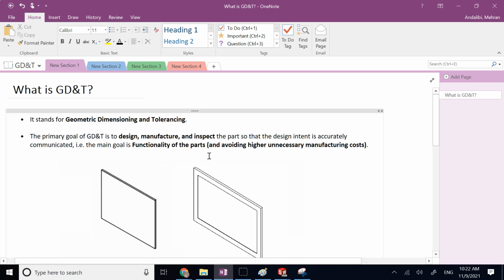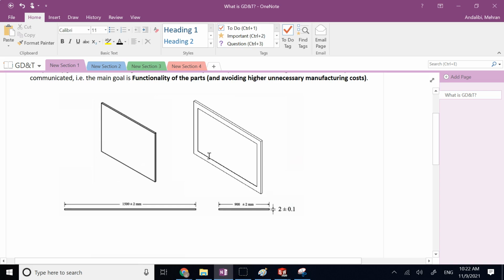So let me give you an example here. Let's say you have this mirror or whiteboard or any object, and it is going to be assembled inside the wall like this. There is an area of the wall, this pocket, and you're going to put this mirror into that pocket and assemble it.